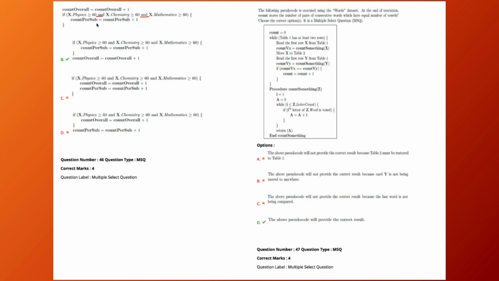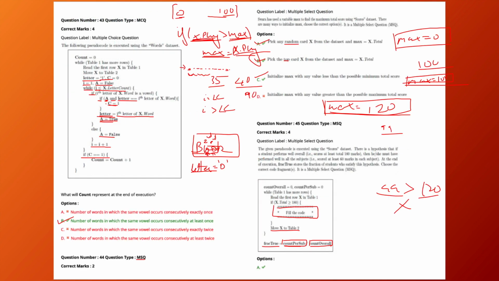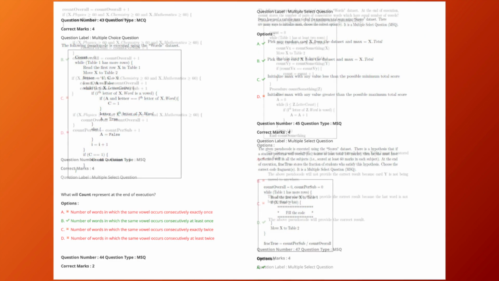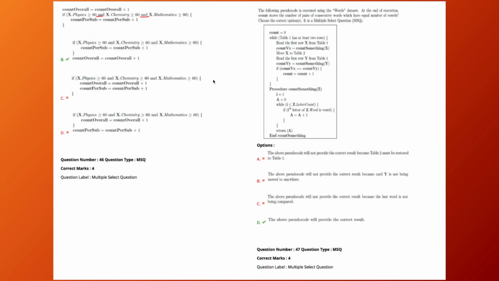And it says count per sub is equal to count per sub plus 1. So you see from here that in the initial statement we say that if x dot total is greater than 180, only then do we enter this code fragment. So we are going to increase count overall by 1.